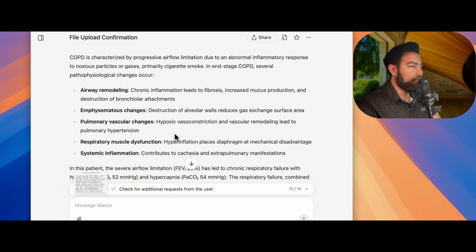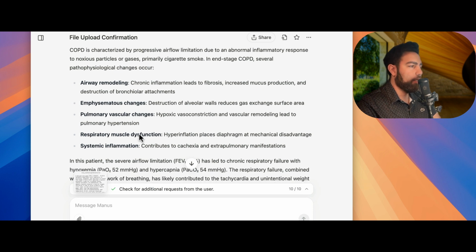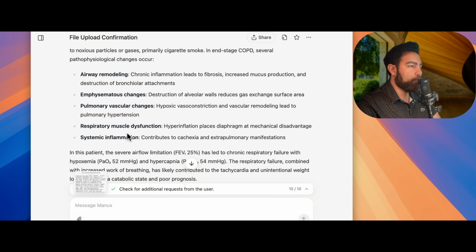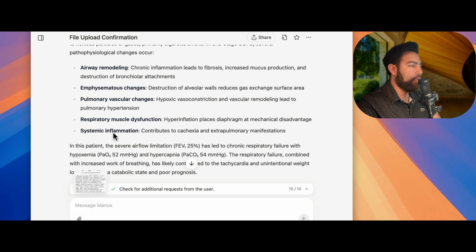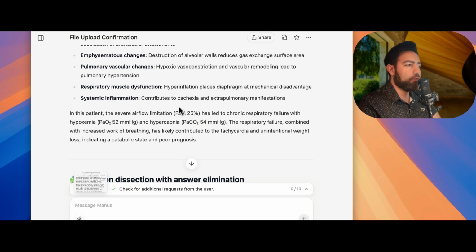Pulmonary vascular changes can happen. There will be hypoxic vasoconstriction and vascular remodeling leading to pulmonary hypertension. There's going to be respiratory muscle dysfunction where the diaphragm is hyperinflated, and systemic inflammation is going to happen, leading to cachexia and extrapulmonary manifestations. So in this patient, you have severe airflow limitation.